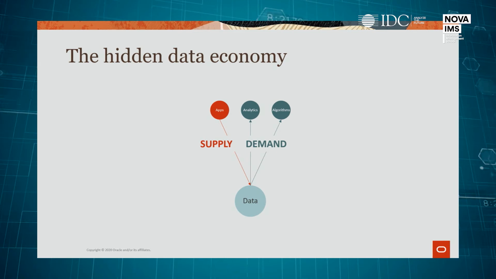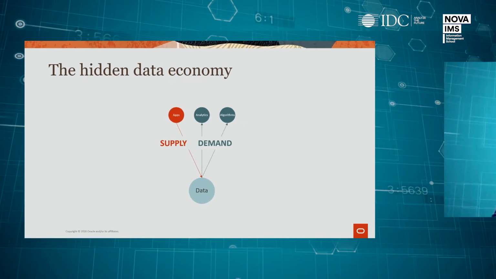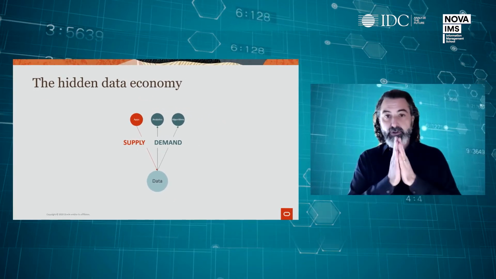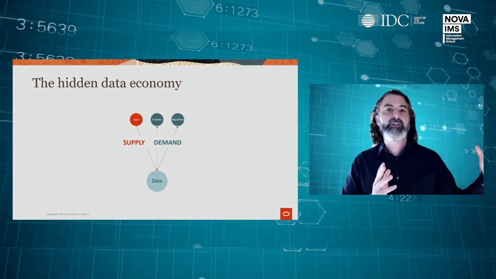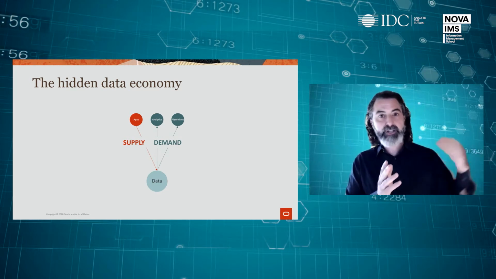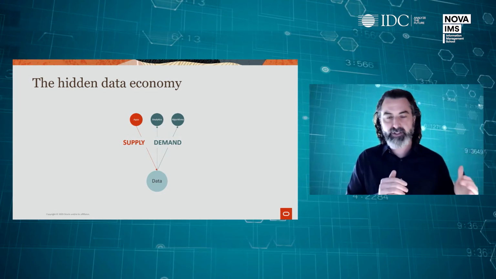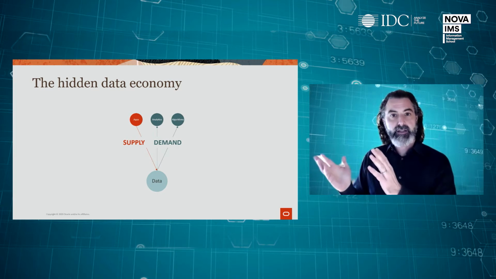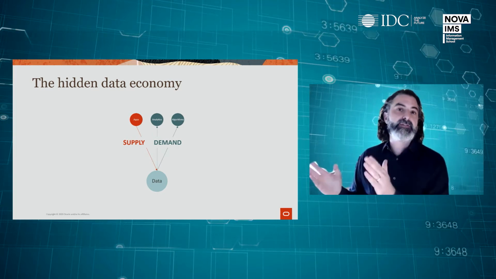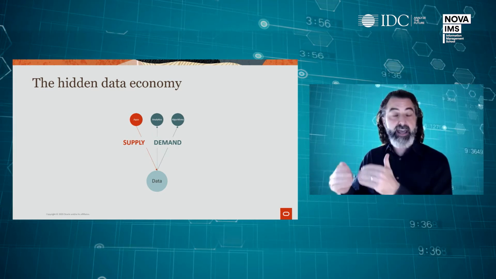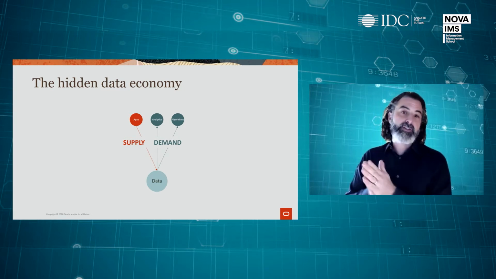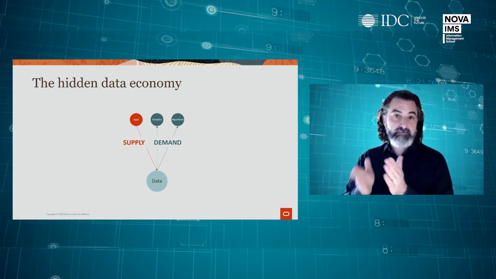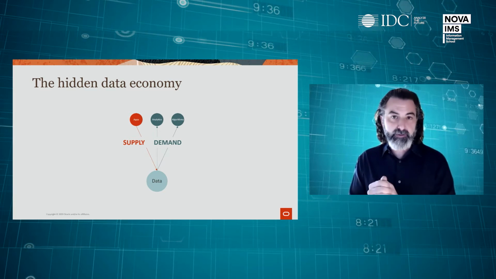Now, to be fair, there are also applications on the demand side that want to use data originated by another application. But by and large, the supply side comes from the growth and diversification of data being originated by applications and devices and sensors. And the demand side comes from the growth and diversification of analytics and AI that organizations are embedding in different business processes and decision points.